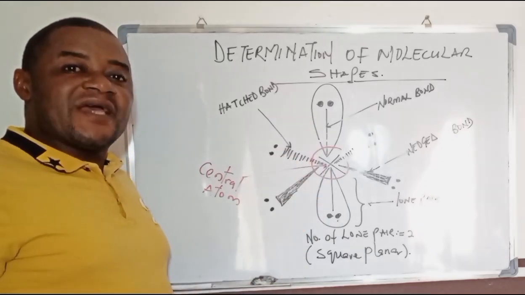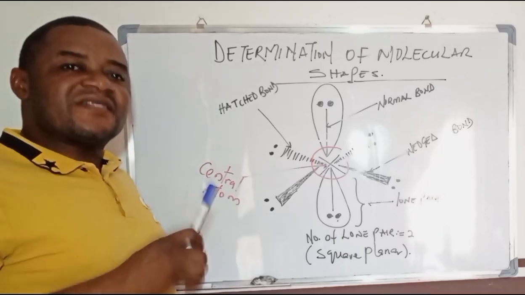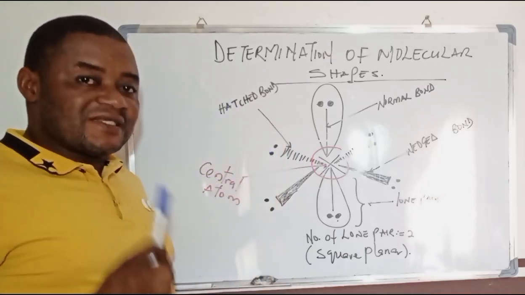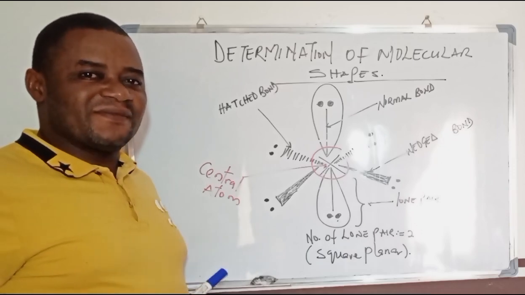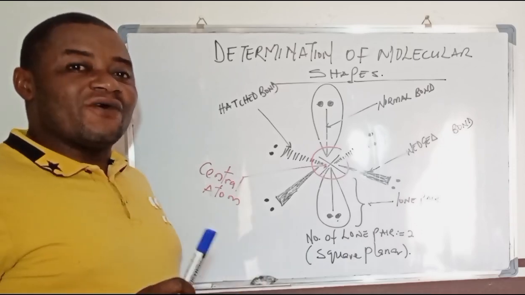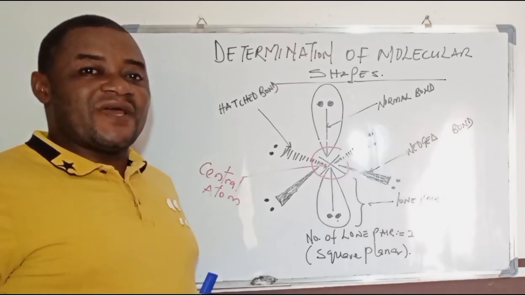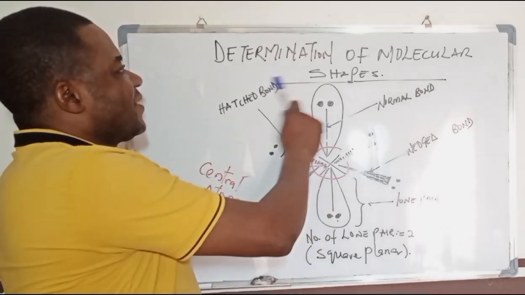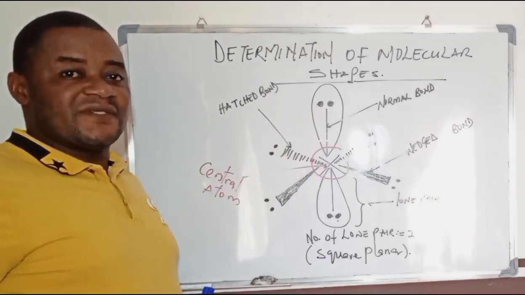The electron pairs around the central atom play a significant role in the determination of molecular shapes. You must take that into consideration. Whether they are lone pairs or bonded pairs, they still play a role in the determination of molecular shapes.